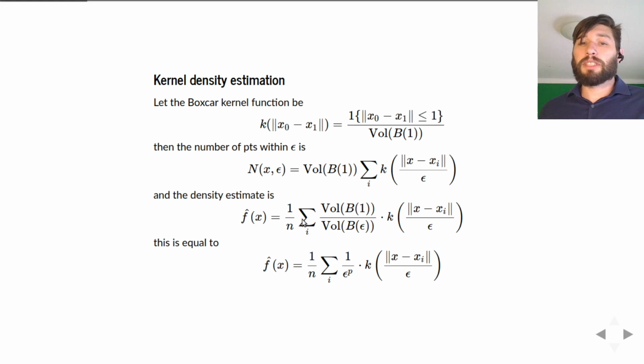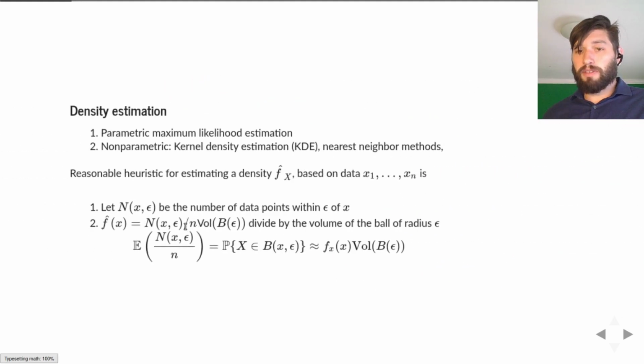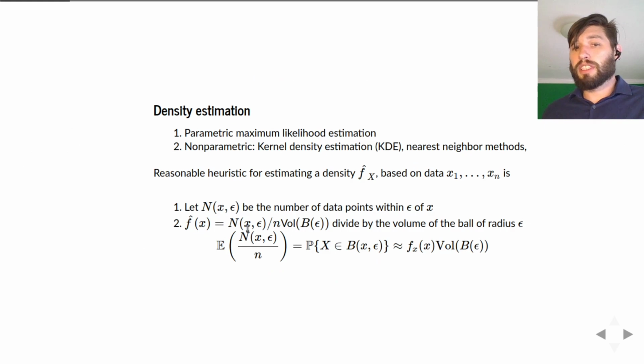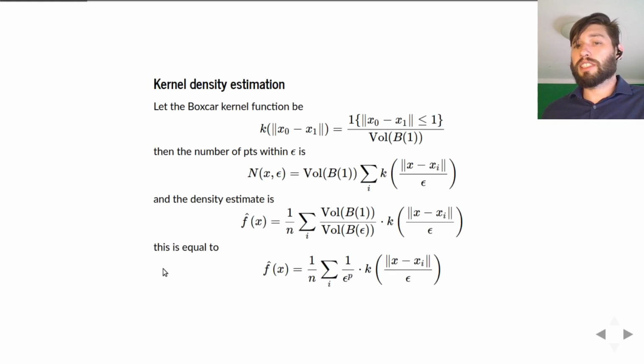So our density estimate can be written as 1 over n times the sum over i of the volume of B1 divided by the volume of B epsilon times this kernel function of this Euclidean norm, right? And this is just a re-expression of what we had before, which is our estimate is going to be this n x epsilon divided by n times the volume of the ball of radius epsilon.